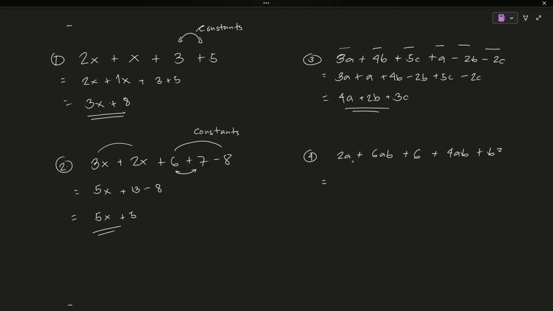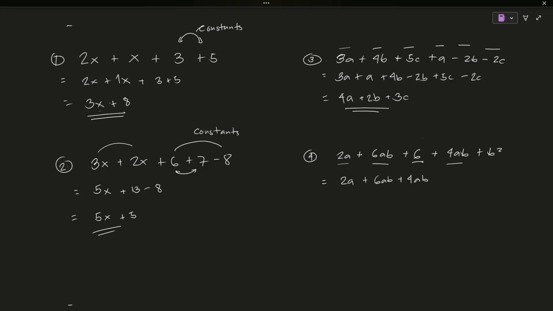Okay, on the last example, we have 2a plus 6ab plus 6 plus 4ab plus b squared. So first, let's check. Does 2a have the same terms? I think not. So let's just copy the 2a. Does 6ab have the same terms? This one, 4ab. So let's copy them first. 6ab and 4ab.